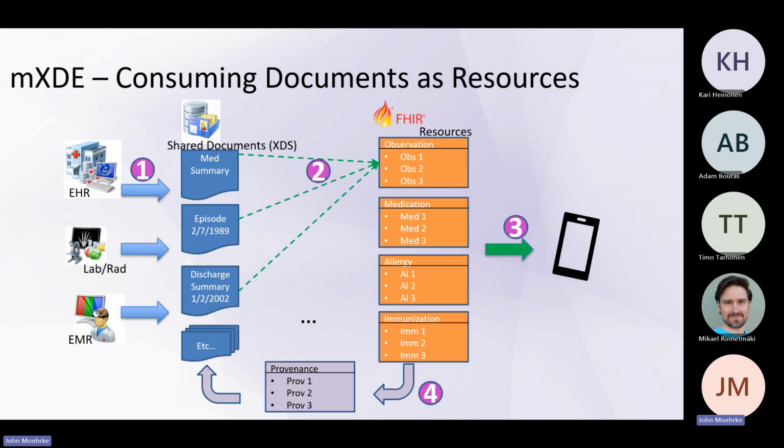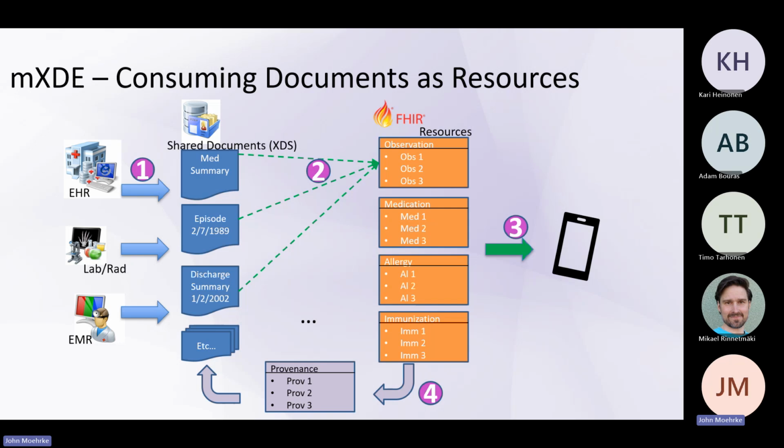Within mXDE, there's one additional feature that is, in my view, very important, and that is number 4, and that is for all of the resources that you might retrieve on 3, there will be one or more provenance resources associated with that resource.